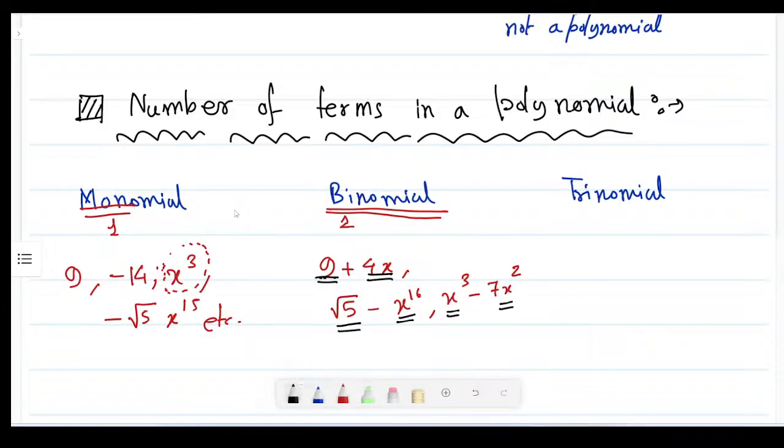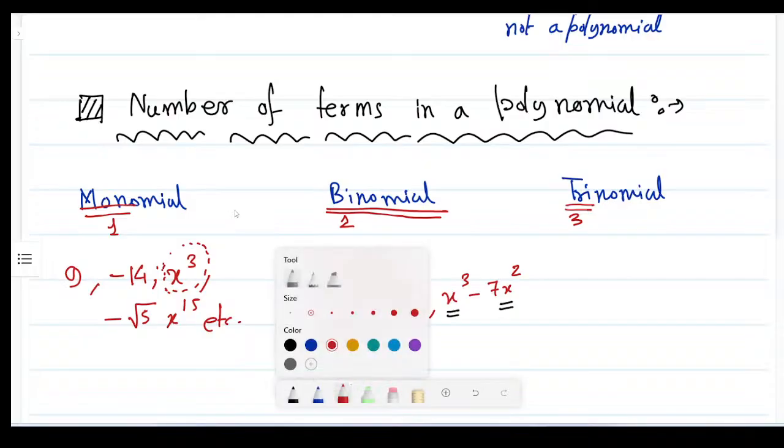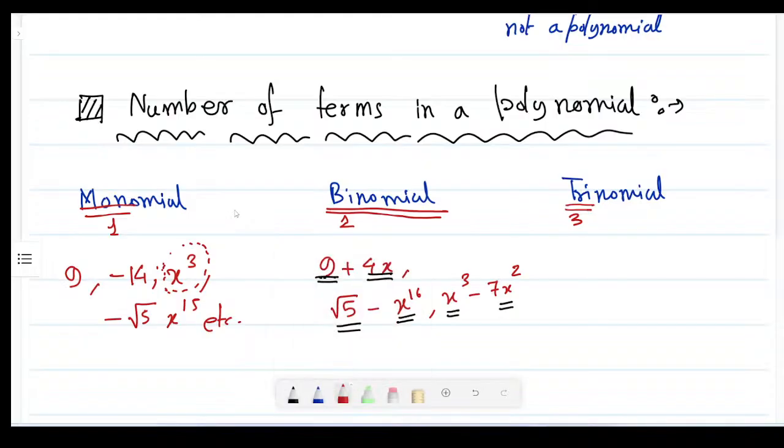Next topic is trinomial. Tri means three. So by the name we can determine that all the three-term polynomials are included in this part. So it may be x to the power 2 plus 2x minus x to the power 15, and you may write your own examples.